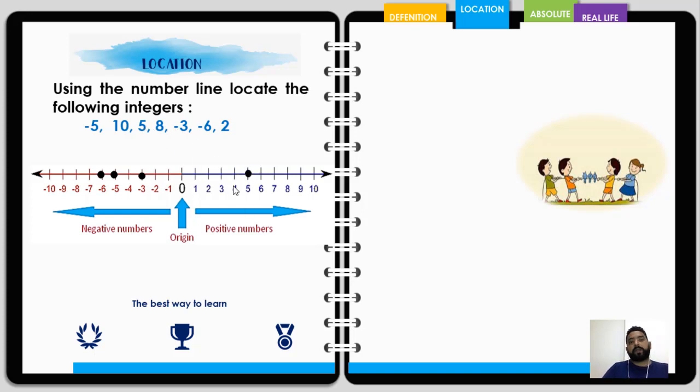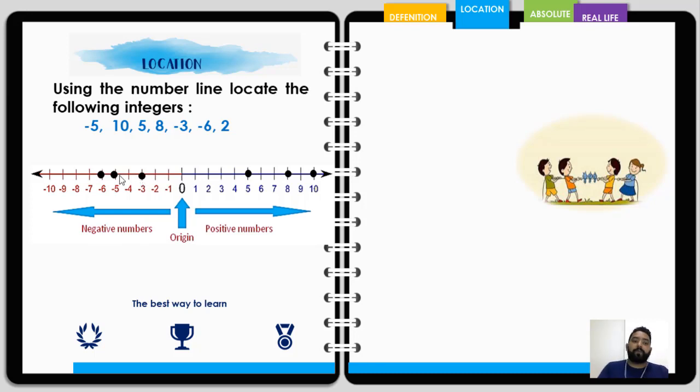If you need to locate -3, we're going to move 3 units to the left. Then you have +5. From 0, you're going to move to the right, because it's a positive position. And now we have positive 8. From 0, we're going to move to positive 8. Now we have positive 10, and we're going to locate it in the right part from 0.